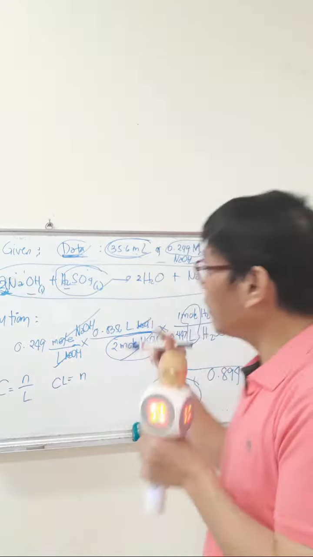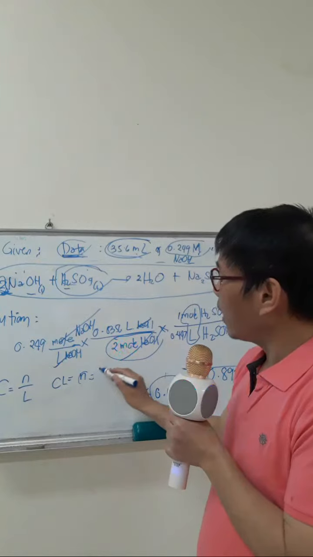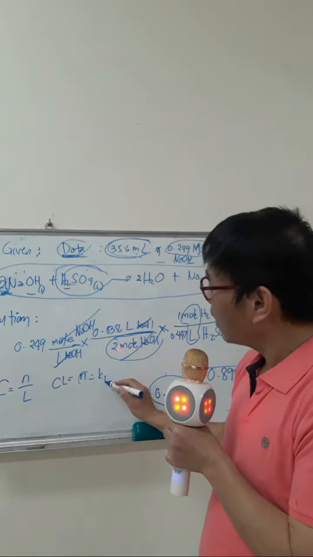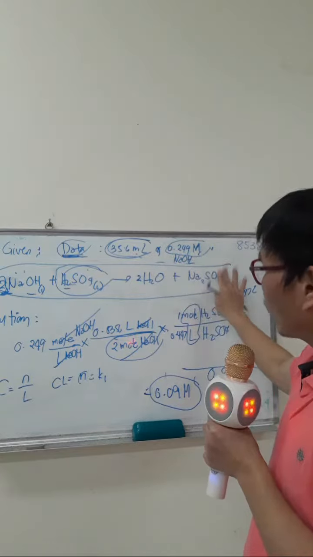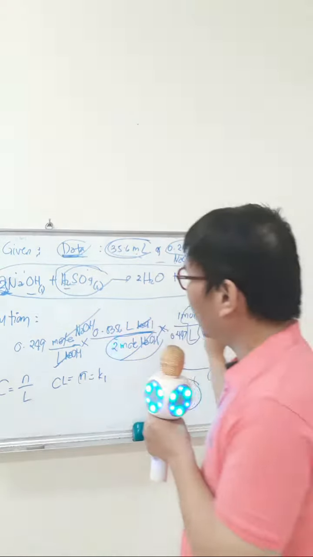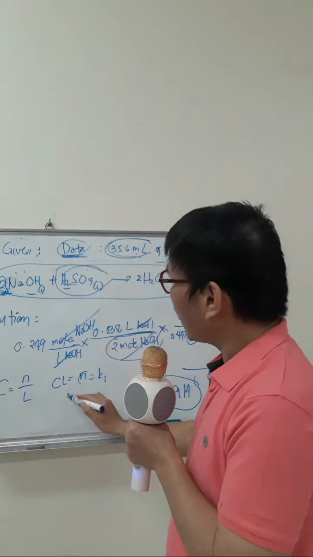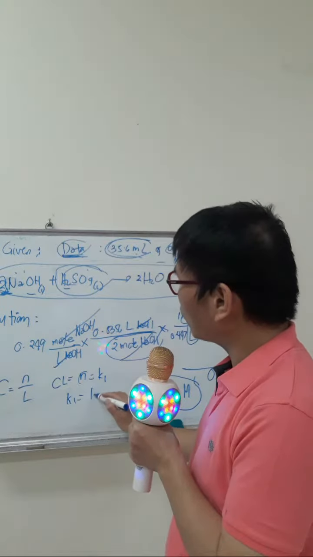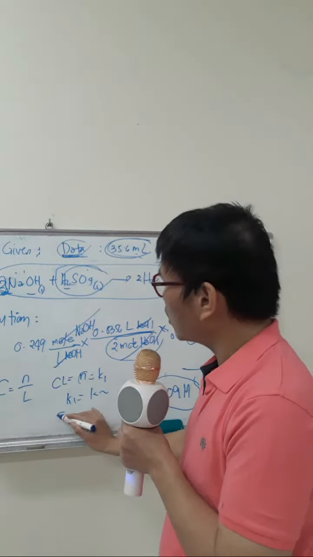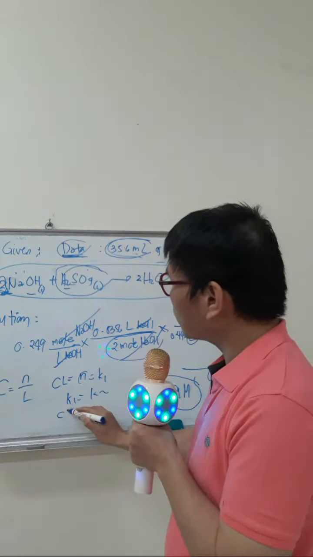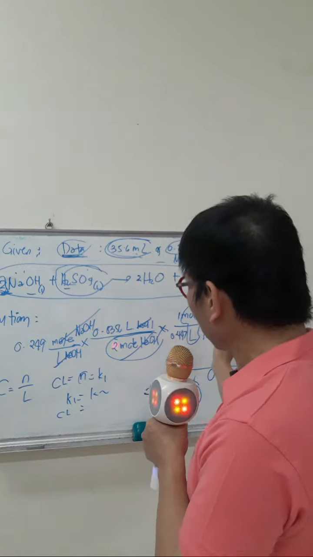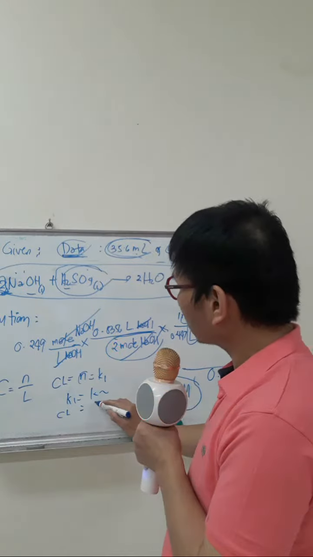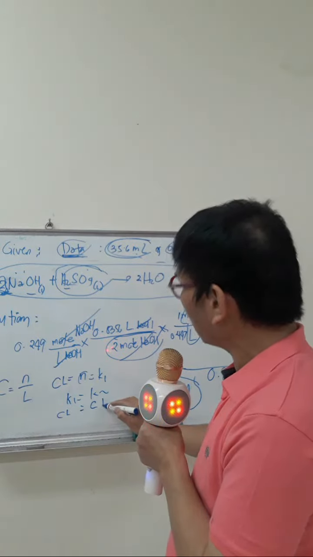We let this n be K1, since we have two here, the sodium hydroxide and the sulfuric acid. This is based on my learning. So K1 is equal to K2. The concentration of sodium hydroxide times the liters of sodium hydroxide is equal to the concentration of sulfuric acid times the volume of the sulfuric acid.